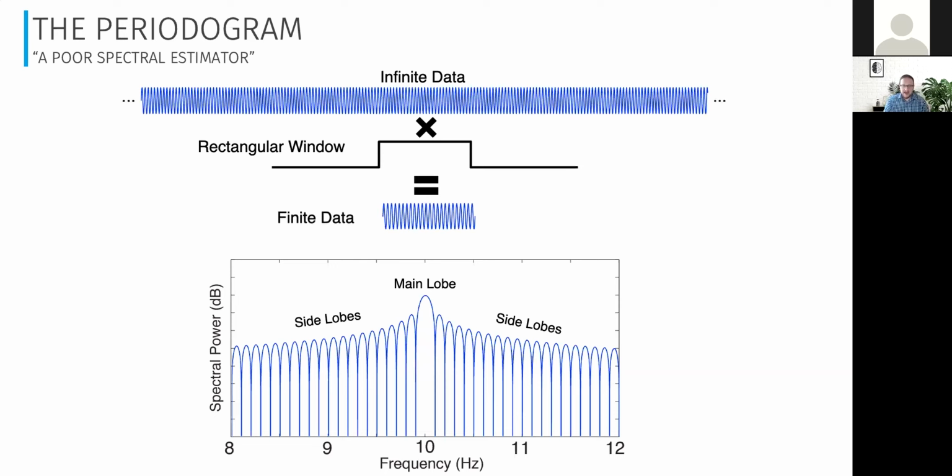Well, it turns out that when you're looking at finite data, it's the same as taking infinite data and multiplying it times this square window over here that's 1 during the period where you observe data and 0 everywhere else. And so it turns out that you're not just taking the Fourier transform of this sinusoid, which is a line.